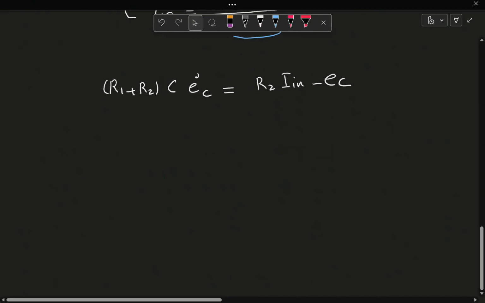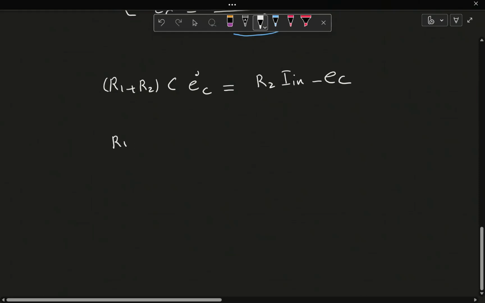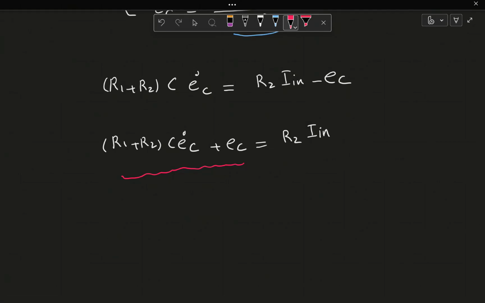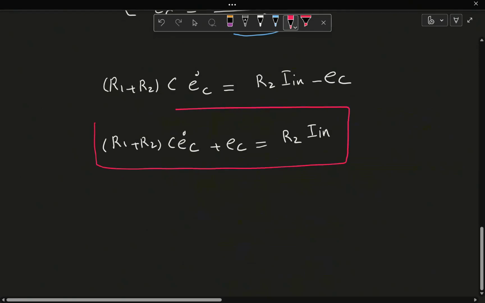So this is (R1 plus R2) multiplied by C EC dot plus EC equals R2 IN. On the left-hand side, I have a family of EC, with two members, EC and EC dot. There are no sign mismatches within that family, so I can safely box this equation and report it as my final answer.